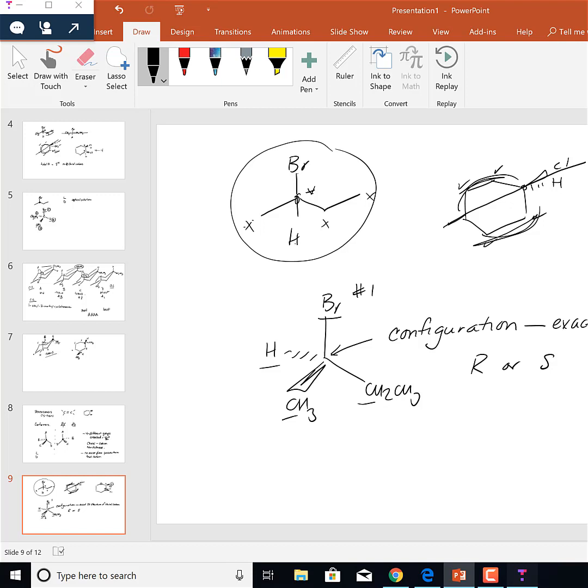Bromine number 1, hydrogen number 4. Hydrogen's always last. Even if I put a deuterium, a hydrogen with a mass of 2, on there, it still beats hydrogen. There is nothing lower than hydrogen. All right, then methyl or ethyl.